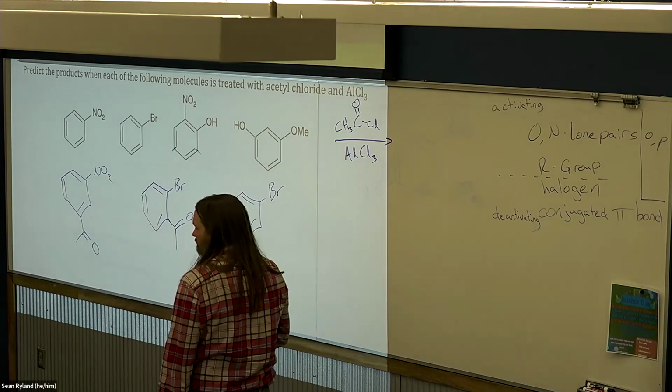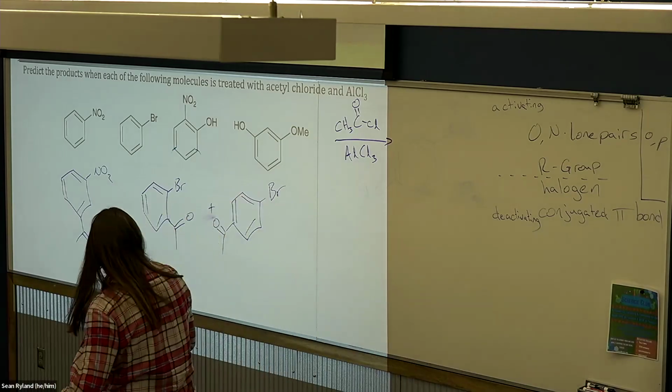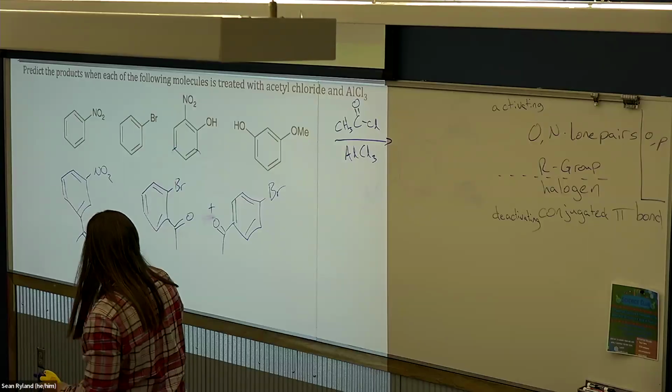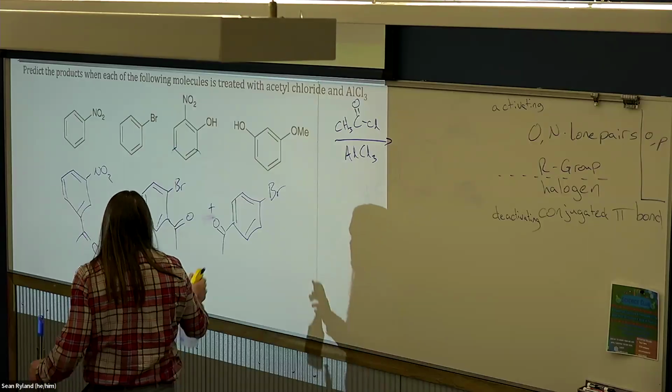Why do you have two blue ones? Because there's two positions you can add. Let me clear the purple ones and I'll draw both products.